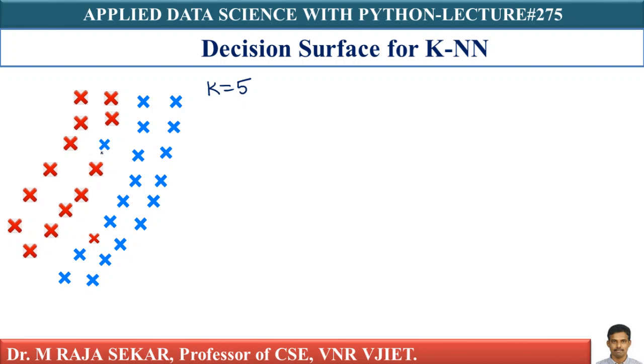I have a blue point here and I have a red point here. Let's say, we will try to understand the decision surface for k equal to 5. Let k equal to 5. We will try to understand how one can draw the decision surface for k equal to 5.